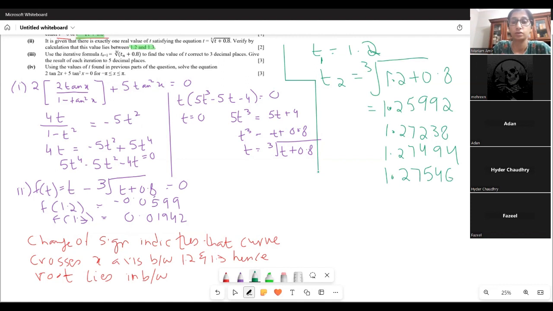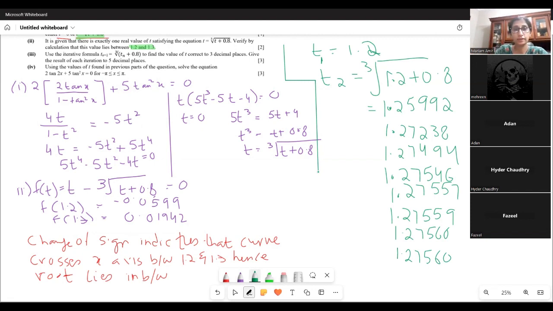Then 1.27546, 1.27557, 1.27559, 1.27560, and again 1.27560. I guess it has converged. Yes. So the final answer has to be given correct to 3 decimal places.